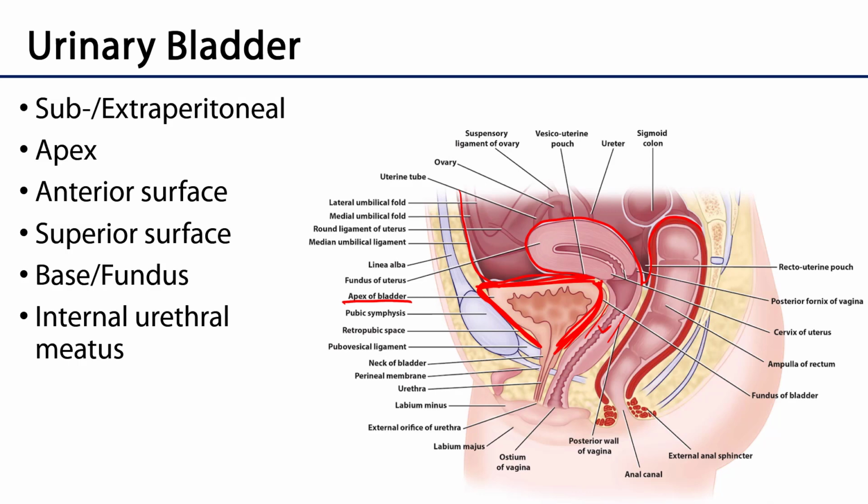And where the anterior surface and the fundus of the bladder meet is the internal urethral meatus. The meatus is the tube that is surrounded by the internal urethral sphincter, which is smooth muscle.